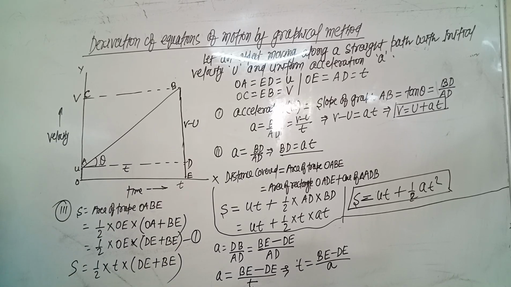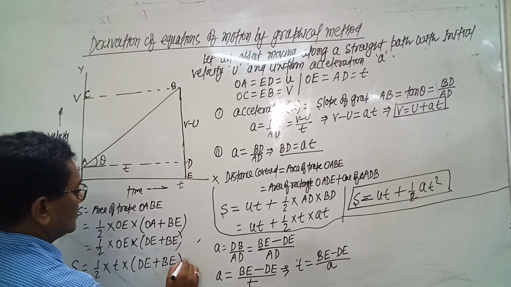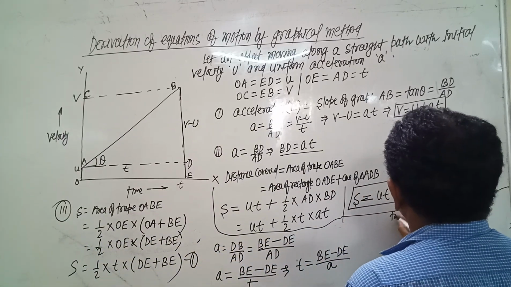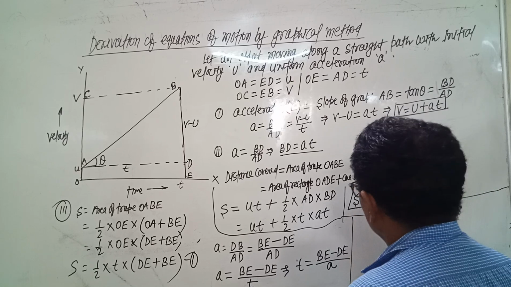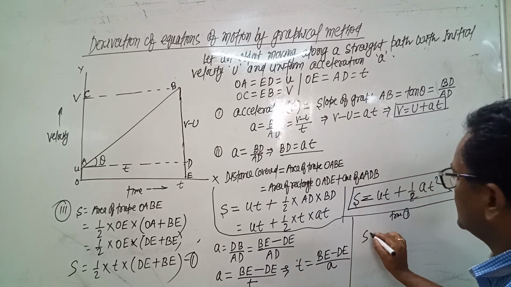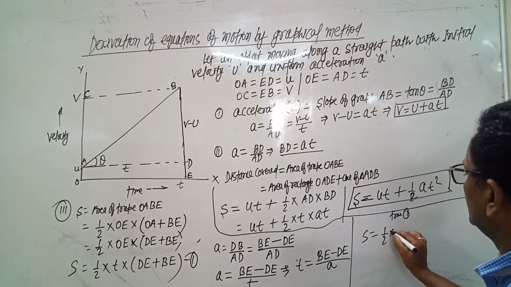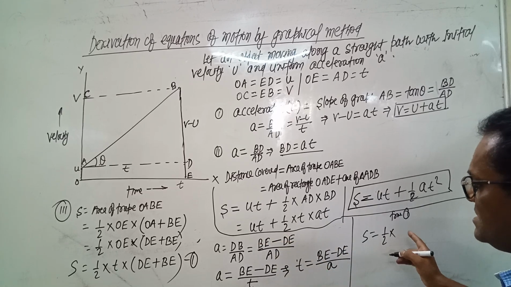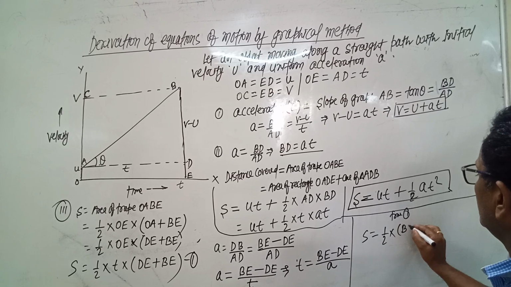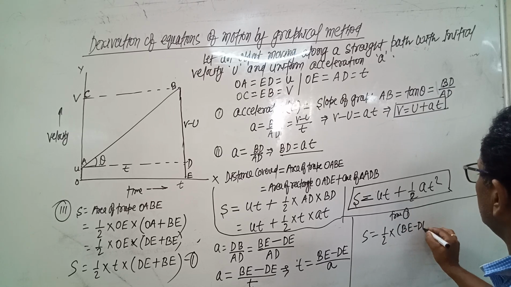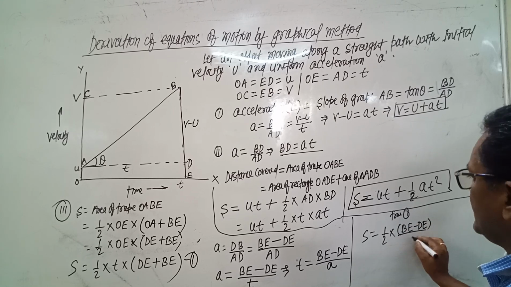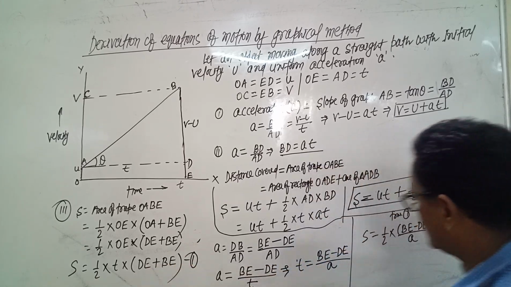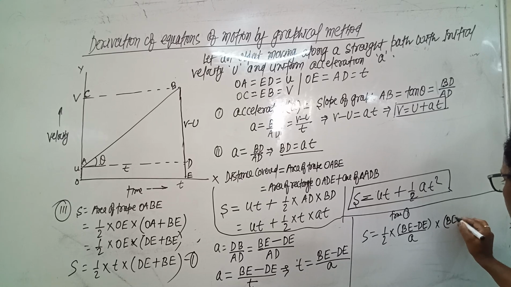So from the first equation, S equals 1 by 2 into the value of T, which is given by BE minus DE by A, into BE plus DE.